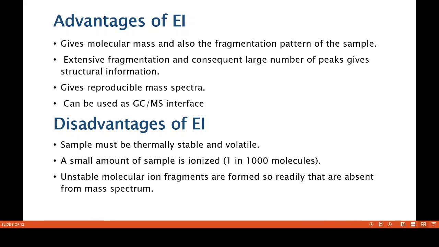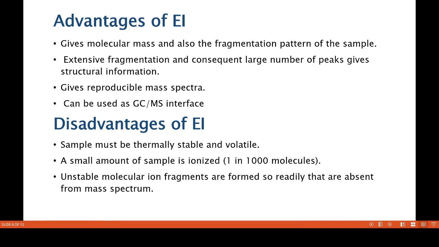In the previous lecture, we saw the fragmentation pattern. In that, one positive ion and one radical are formed. The radical forms are not detected in the mass spectrum. Only the positive ions are detected.